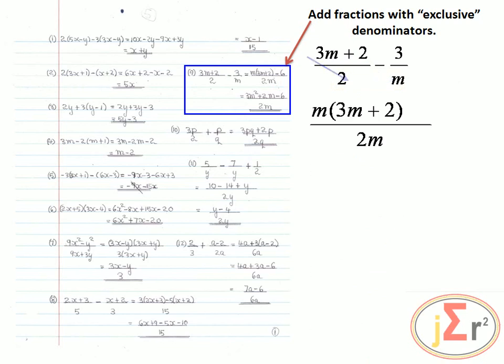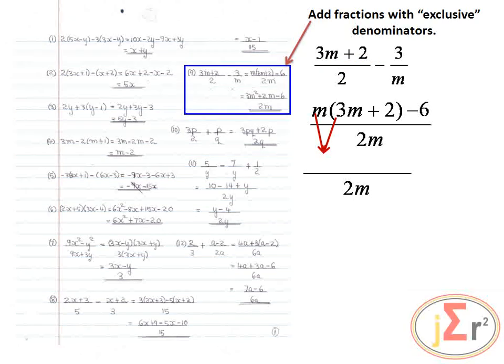And no doubt 3 2s 6, but do not forget the sign that we have right here. Then what do we do? Expand brackets as usual. 3m to be multiplied by m, that will give us 3m squared.